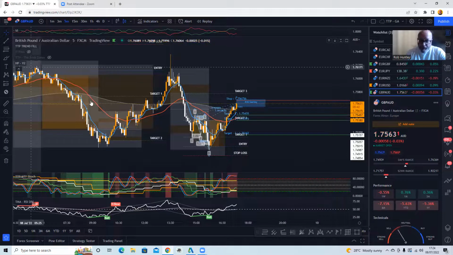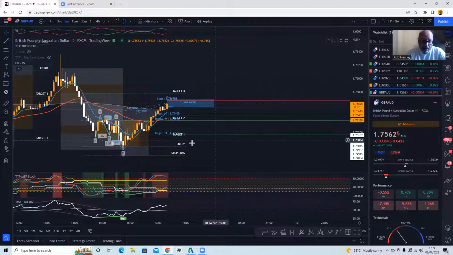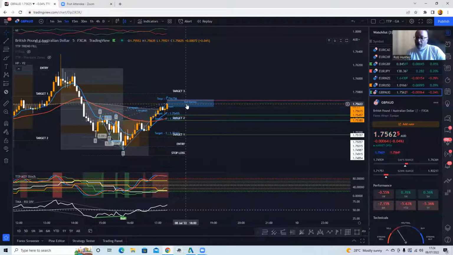So you could see that at the moment there is a scan in place, a harmonic pattern in place, giving this blue line as the entry point, this red line as a stop loss, and I'm just going to ignore that, but it's actually a pretty handy indicator to have on your charts, because it automatically just displays harmonic patterns as and when it picks them up on the price chart.